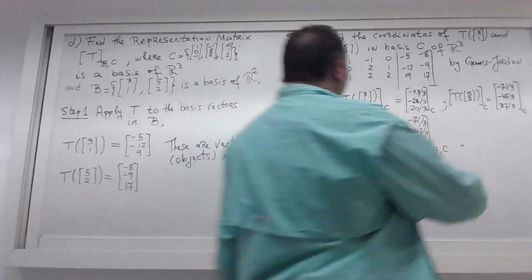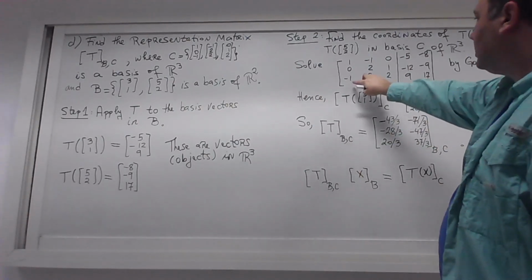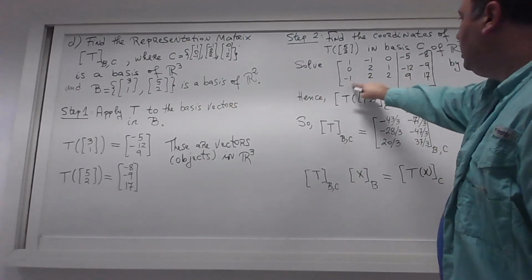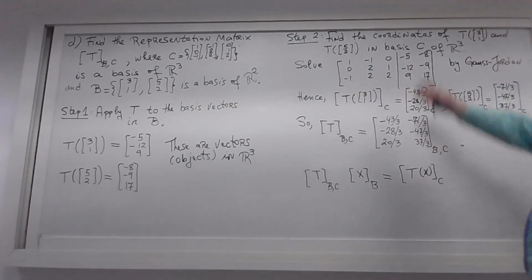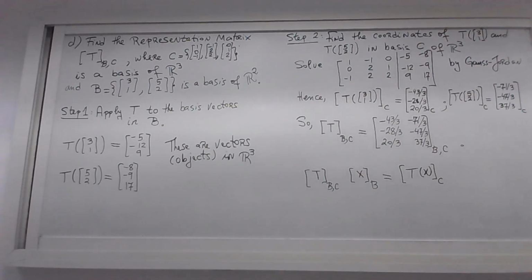Now, the second step: find the coordinates of each image in basis C from R3. What do we do? As previously, we put the basis vectors from basis C in the columns, then a slash, then we put the images here, and then we find the coordinates by solving the system by Gauss-Jordan. Obviously, there is some work here, and as we see, the result is quite ugly.